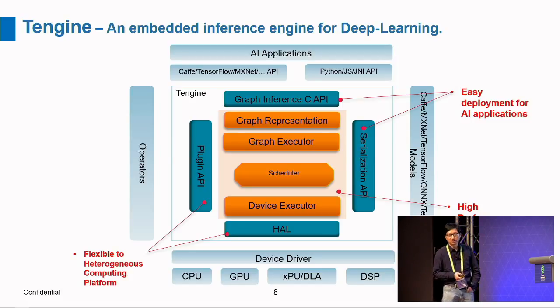Okay, that's one feature for this inference engine. Another very important feature is if you are a user of Caffe or TensorFlow, you don't want to change your software from Caffe framework to T-Engine, but you still want to use T-Engine to get better performance. In fact, T-Engine has Caffe, TensorFlow, and MXNet API interfaces.